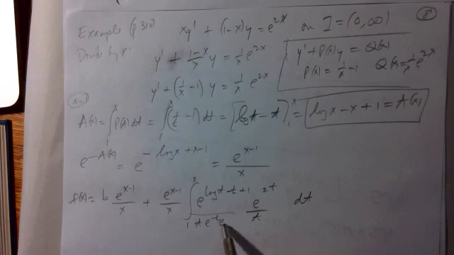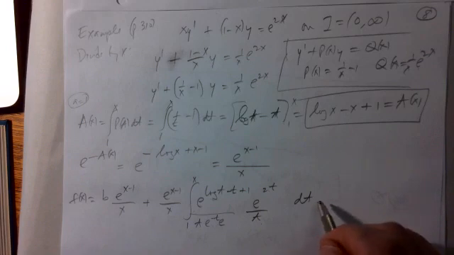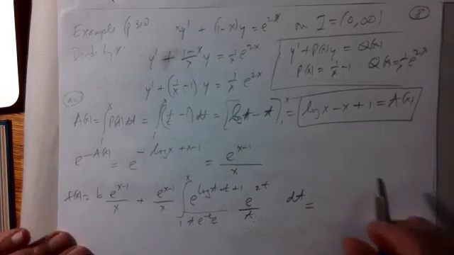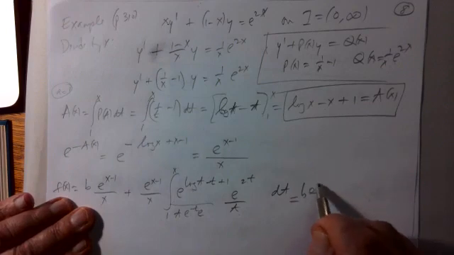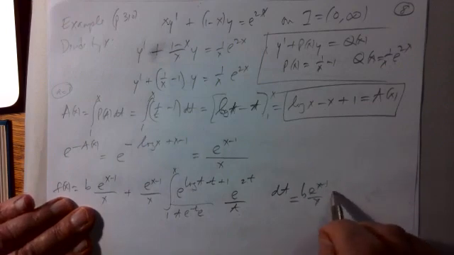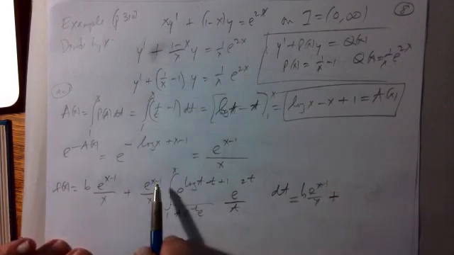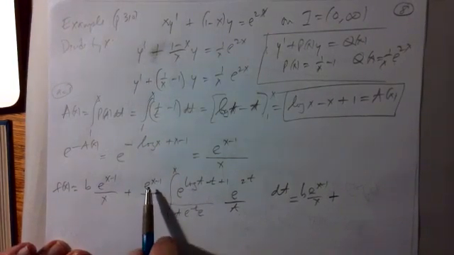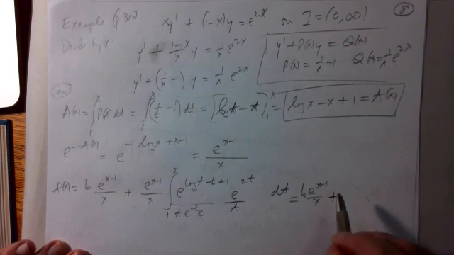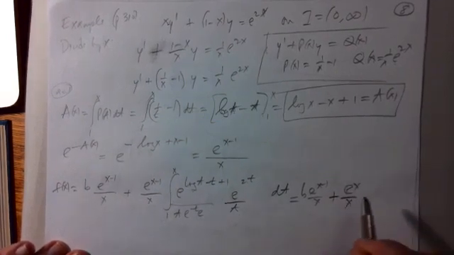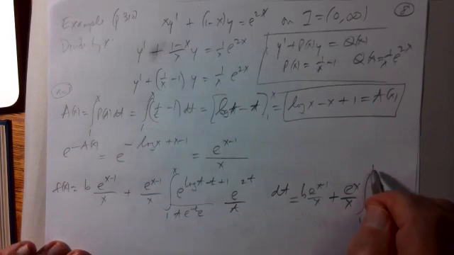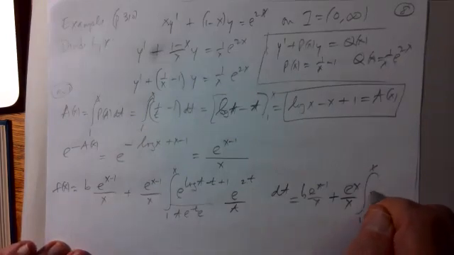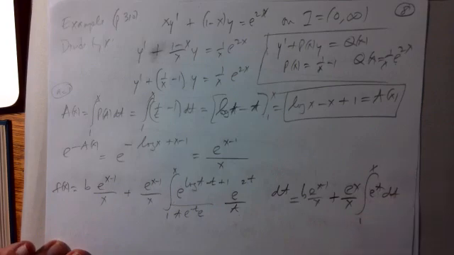So this is equal to this term, b e to the x minus 1 over x, plus, I take out an e, this makes e to the x over x, the integral from 1 to x of e to the t dt.